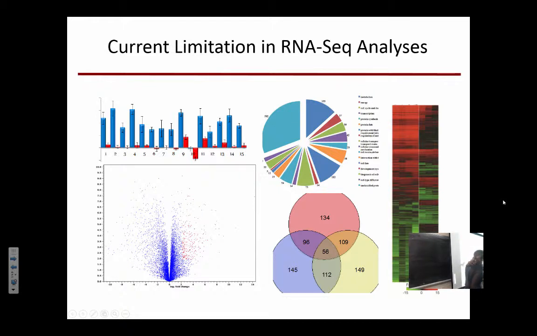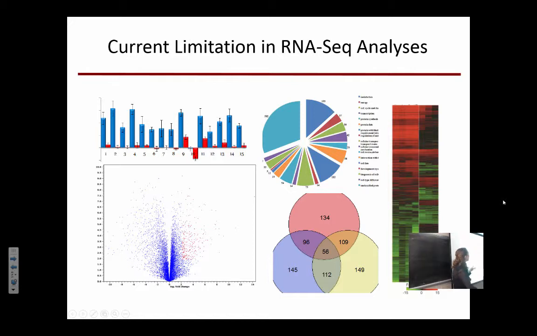These are the most common outputs you'll see for RNA-seq data: differential expression dot plots, pie graphs classifying the differentially expressed genes, Venn diagrams, and heat maps.